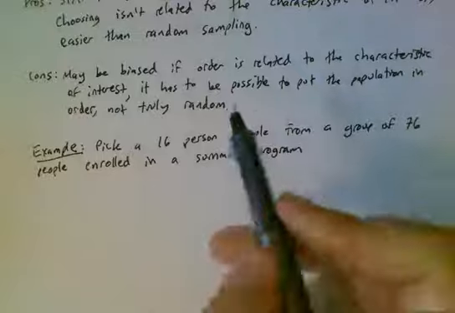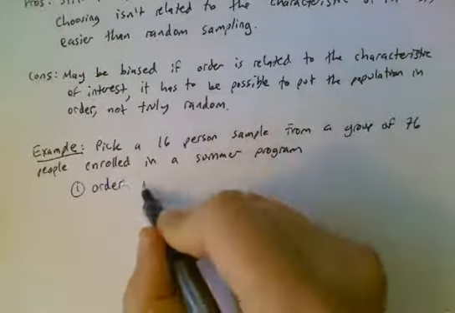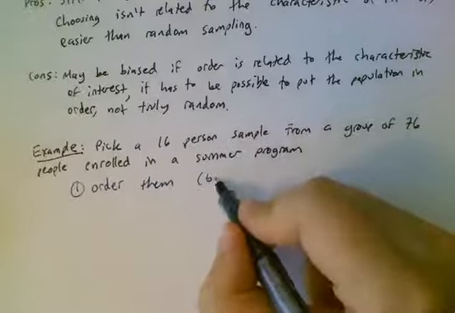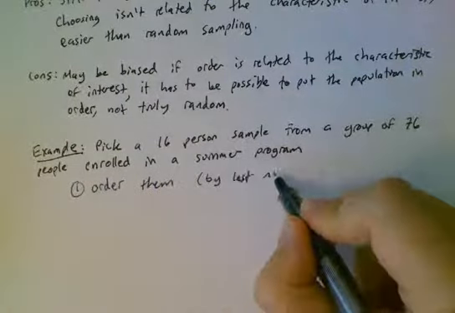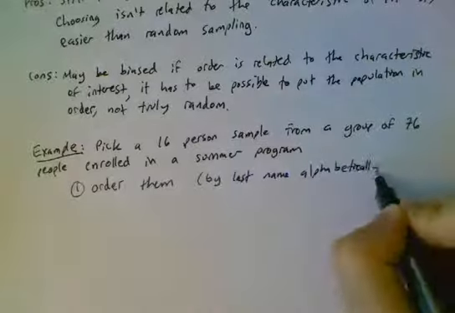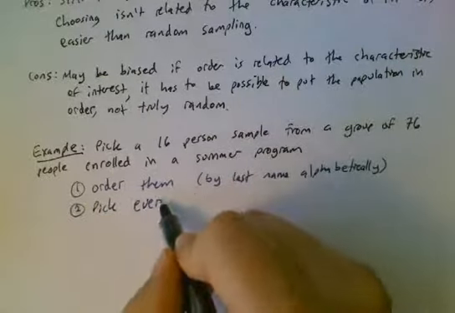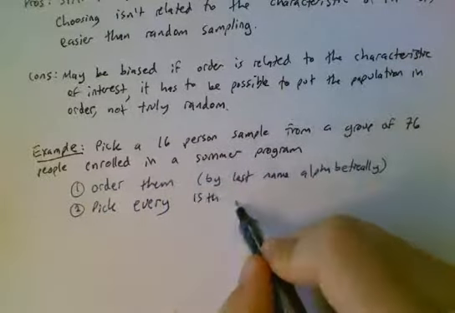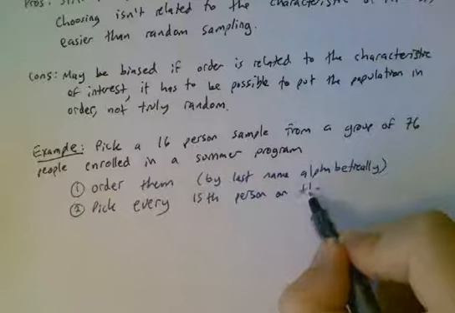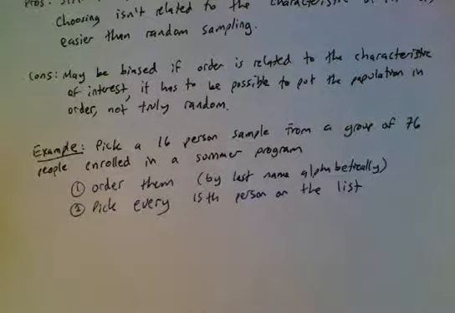So the way we would do that is we would first order them, so this might be by last name alphabetically. Pick every 15th person on the list. And so when we got to the end, we would just start back up at the top again. That's all a systematic sample is. It's quite straightforward, but again, it's not as random as a truly random sample.